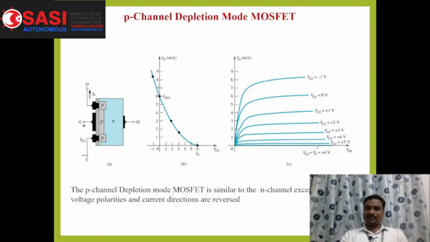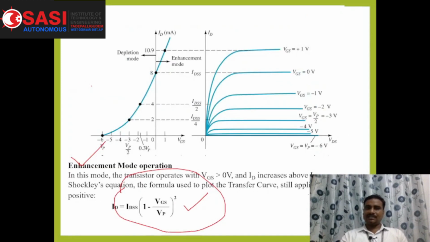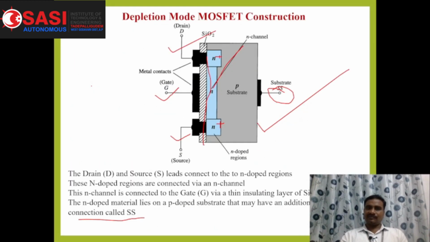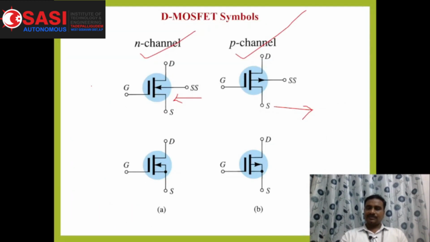The p channel depletion mode MOSFET is similar to the n channel except the voltage polarity and the current direction are reversed. When we see the n channel D MOSFET symbols, the direction of current in the n channel is from source to drain, but in case of p channel it is drain to source, so in the opposite direction.